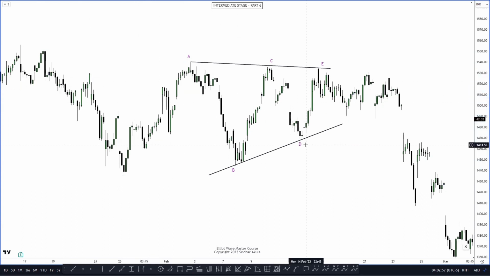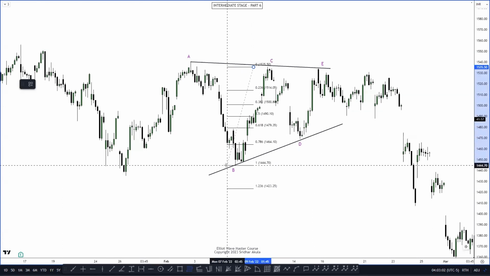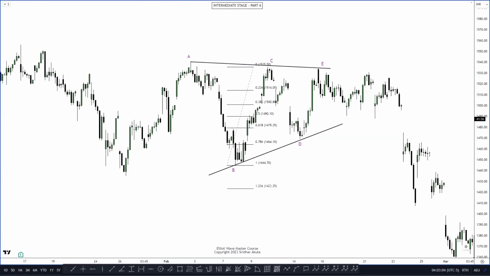Now, your D wave also will come to 60 to 70% of the C wave. So notice the pattern. We are retracing at least 60 to 70% of the previous wave inside the triangle, A, B, C, D, E. Every wave is taking a retracement of 60 to 78% of the previous swing.